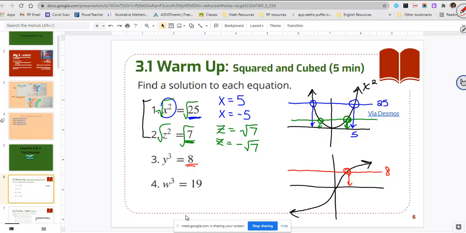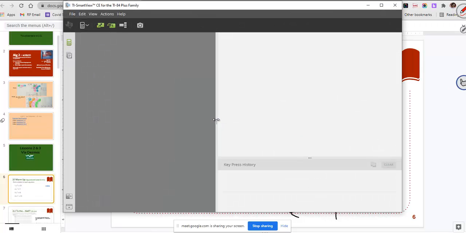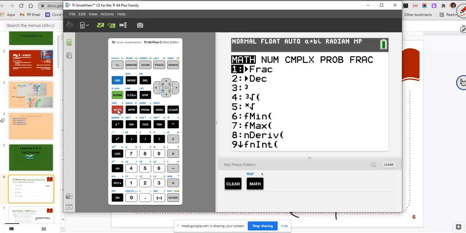So if I wanted to figure out what y to the third equaling 8 would have to be, I would need to take the cube root of it. This was, again, our idea yesterday. We have something like a volume of 8. I need to find the cube root of it. Remember that on our graphing calculators, that's in our math button. Number 4 will help me take the cube root of something.